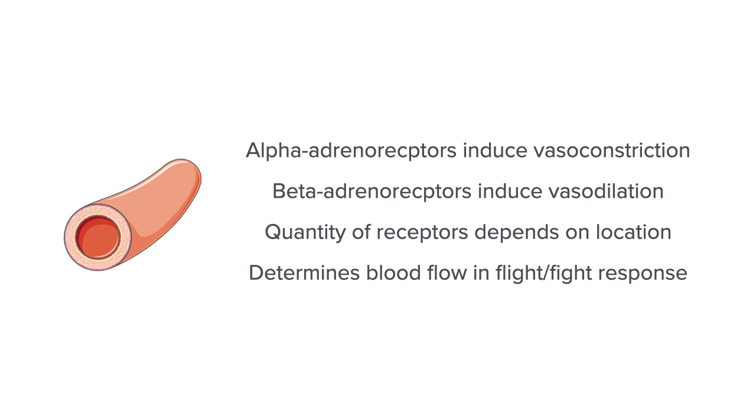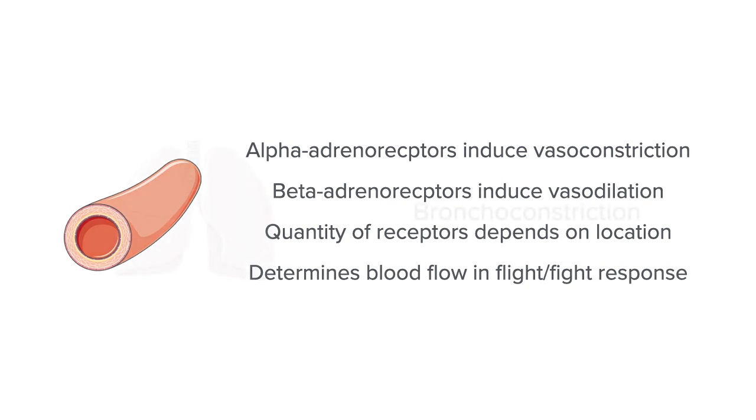By having different ratios of these receptors at different parts of the body, we can divert blood supply to the key organs and muscle groups that would be needed in a fight or flight response. As a result, when you antagonize these beta adrenoreceptors, you get unopposed alpha adrenoreceptor mediated vasoconstriction. Thus, beta blockers cause vasoconstriction, and this is responsible for some of their side effects, such as peripheral coldness. I hope that all makes sense.